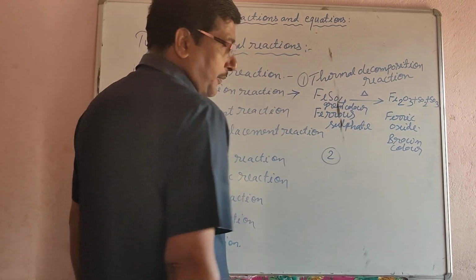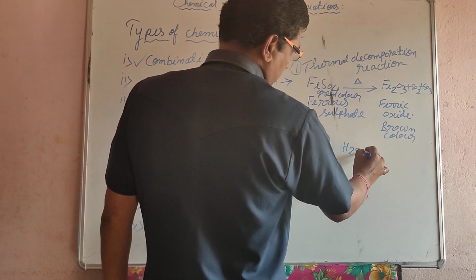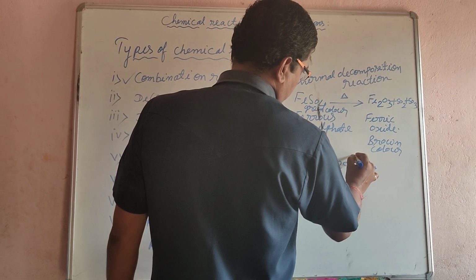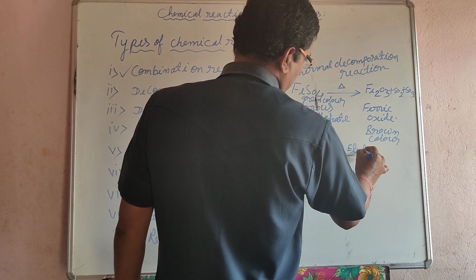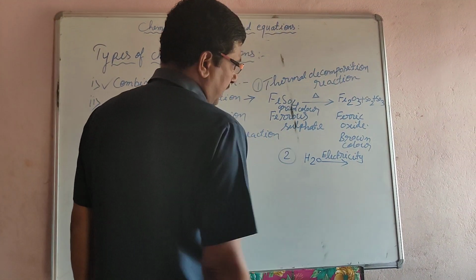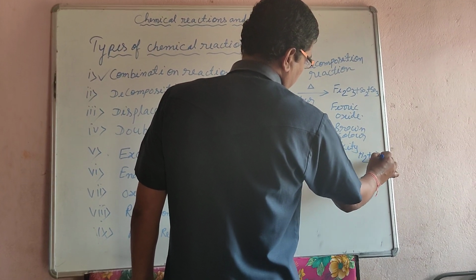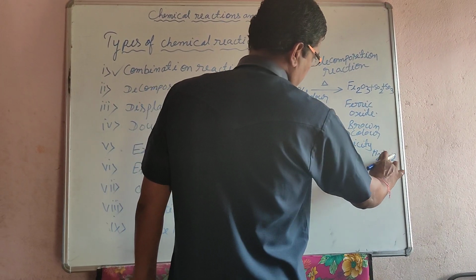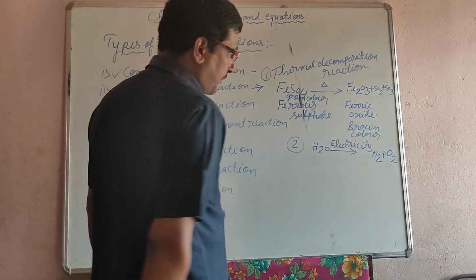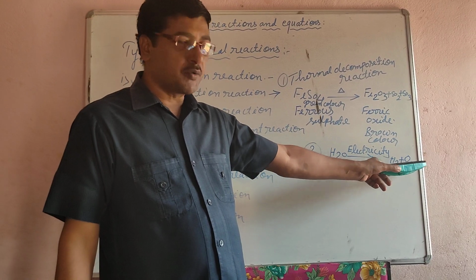Second, if you take the example of water, when it is broken down in the presence of electricity, then it is broken down into hydrogen and oxygen gas. It is also a decomposition reaction because from the single complex compound, two different compounds are produced.